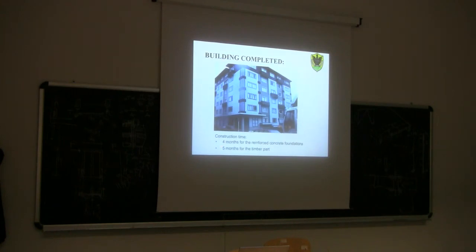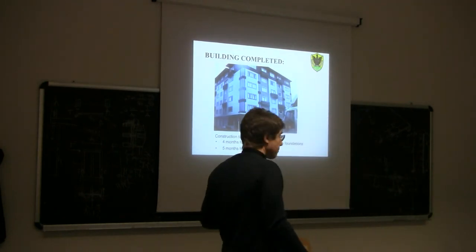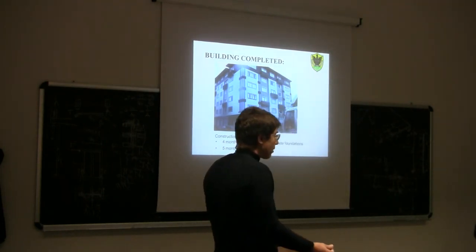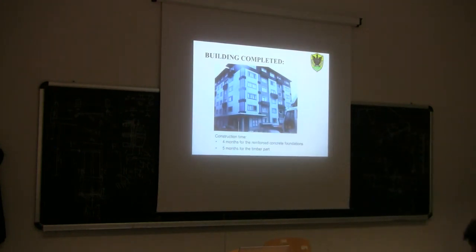So construction time, 4 months for the reinforced concrete foundation, so we have a serious foundation to do, and 5 months for the timber part. So if you look at the time, it's not much different from the time you would have used for a reinforced concrete construction. So 6 stories, maybe with reinforced concrete you use 6 months instead of 5 months. So there is not a lot of advantage in terms of time using this kind of system.